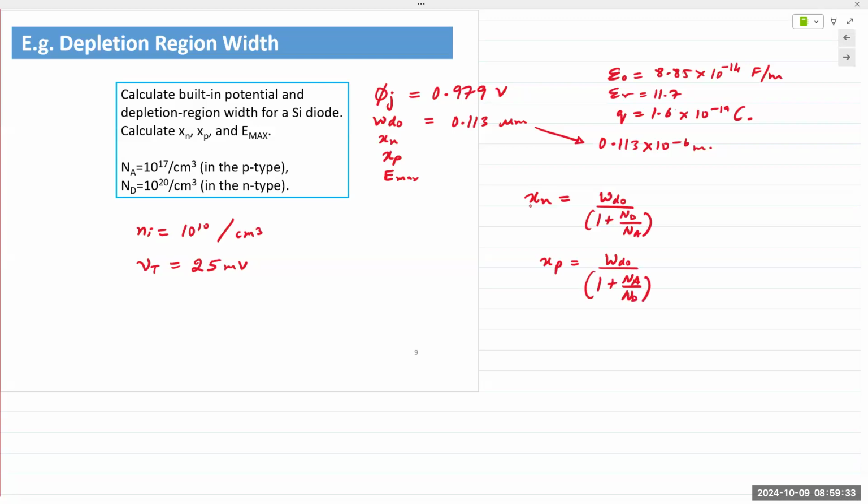So please practice, arrive at the right answer. 113 micron.